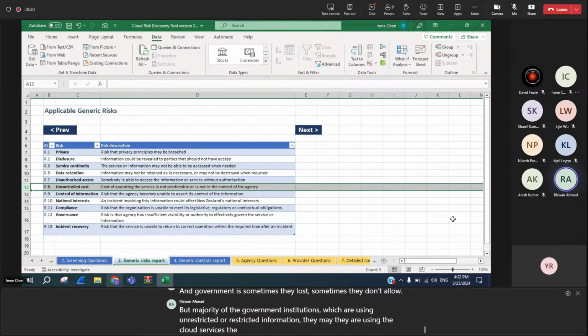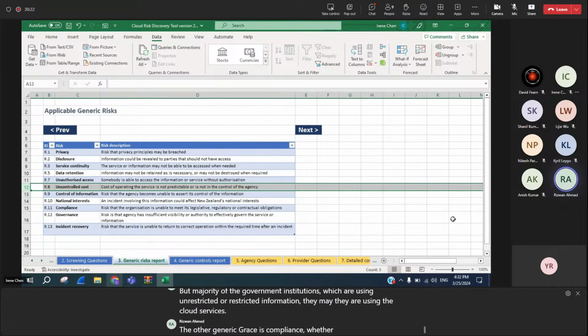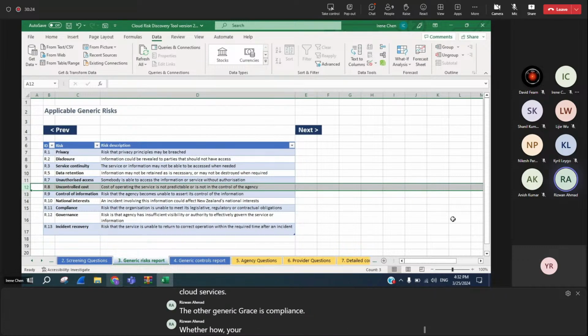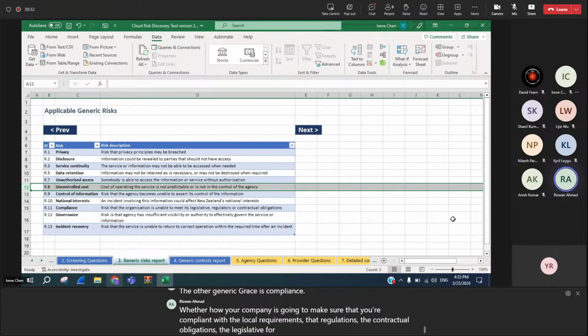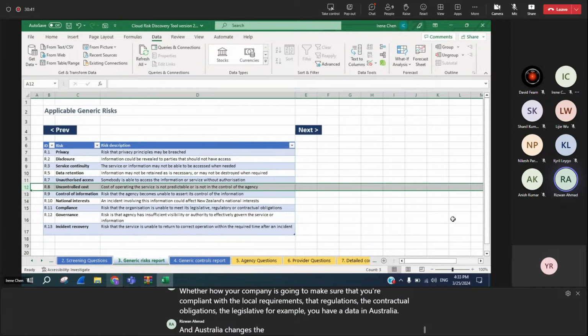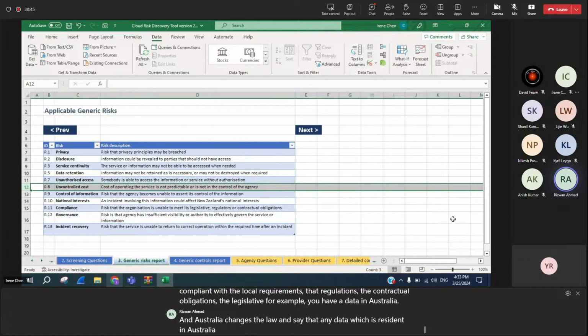The other generic risk is compliance: how your company is going to make sure that you're compliant with the local requirements, the regulations, the contractual obligations, the legislative requirements. For example, you have data in Australia, and Australia changes the law and says that any data resident in Australia will not go outside Australia.